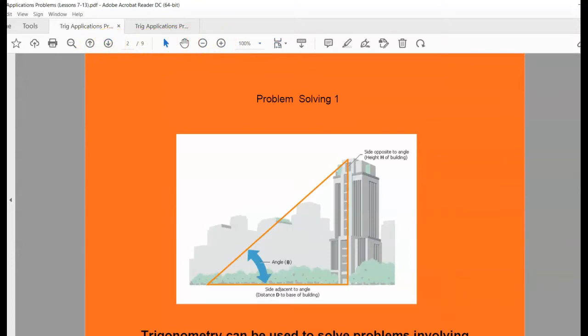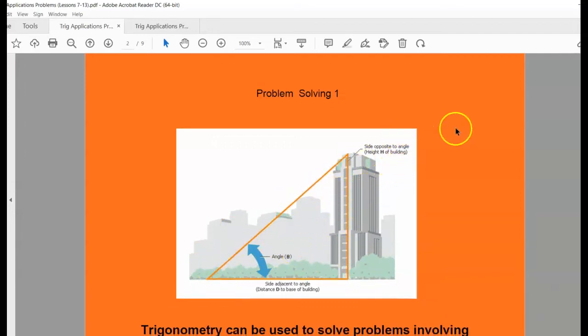This is not really a problem, this slide. This is just telling you, hey, if I'm standing here and I know the angle and the distance from how far I am from the building, I could tell you how high the building is, and I could tell you the length of this distance from which I'm viewing, because of all of these ratios.